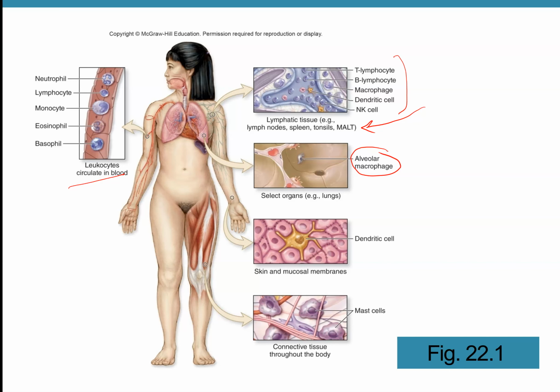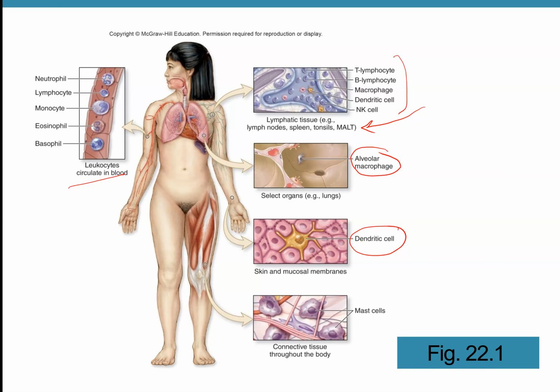So some of your organs around your body will have macrophages, for example, some white blood cells and other various types of white blood cells in different organs around your body. And in your skin and mucous membranes, we saw dendritic cells or epidermal macrophages as an example of white blood cells that live in your skin.